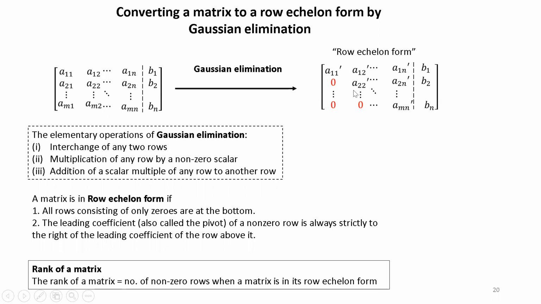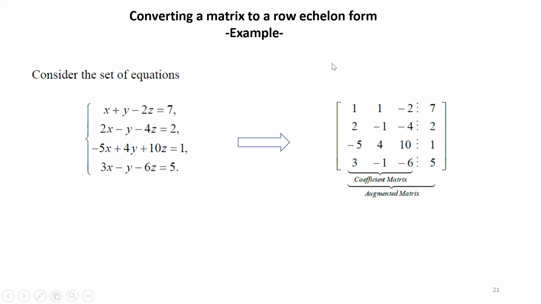Then the rank of this matrix is essentially equal to the number of non-zero rows that you have after you make it into this row echelon form.